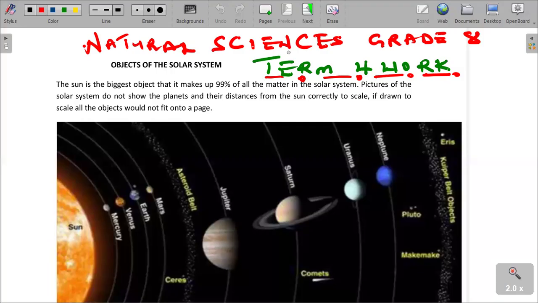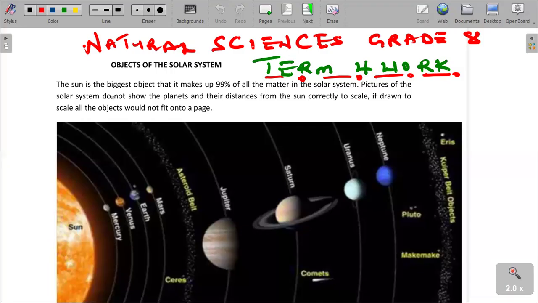The planets, which we talked about, are named in order from the sun to the last, and then the orbits, which we also talked about. Then other objects: the moons, which are natural satellites that orbit planets or dwarf planets, and then obviously the asteroids. We said we are going to look at them.